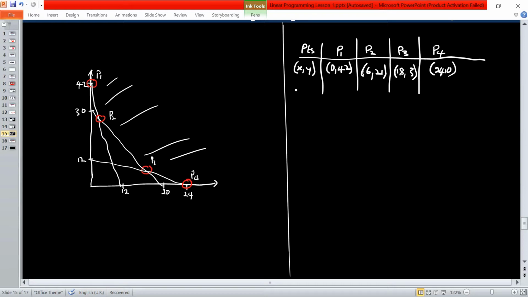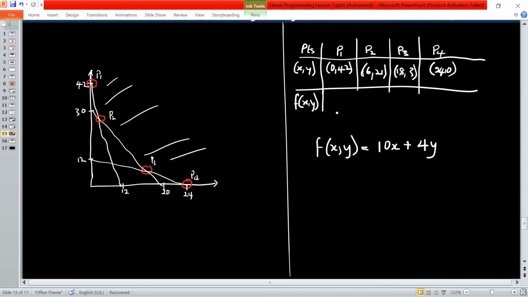All right, so now we are going to calculate the value of our cost function at these points. So we have to calculate f of x and y at each point. Remember our cost function, let me just write it down. f of x, y is equal to 10x plus 4y.